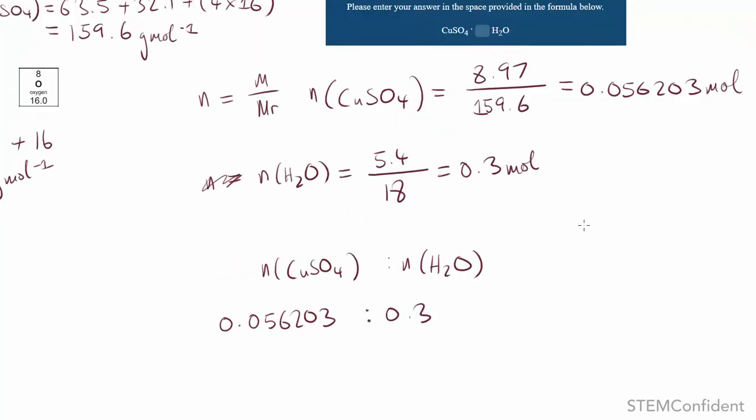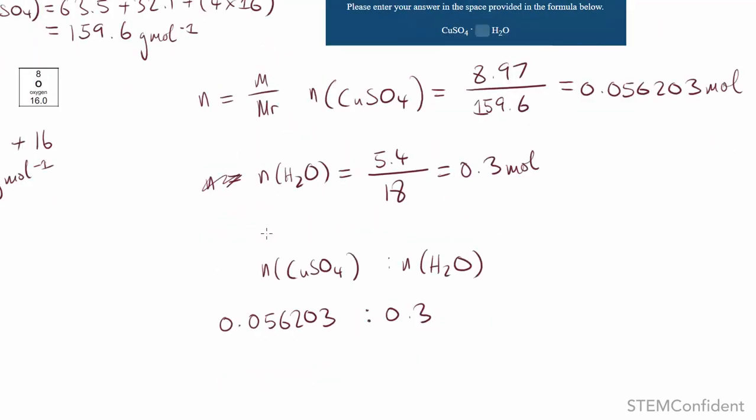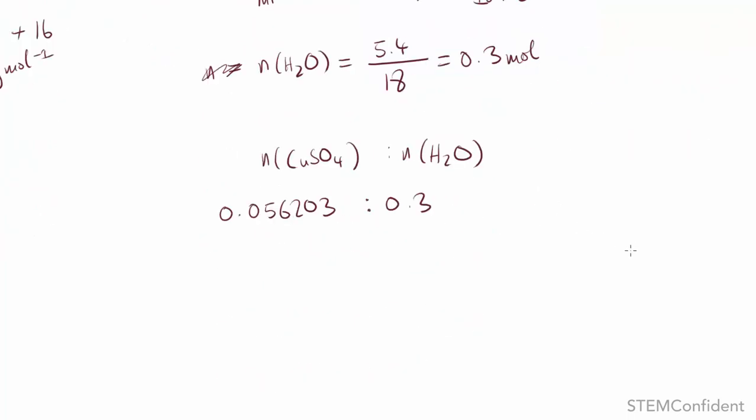And we want this to be scaled up to 1, because we want to be able to compare it. So what we can do to get it to 1 is divide it by itself. So it's going to be divided by 0.056203. Because we've done it to this side, we also need to divide the other side by the same because it is a ratio, right?